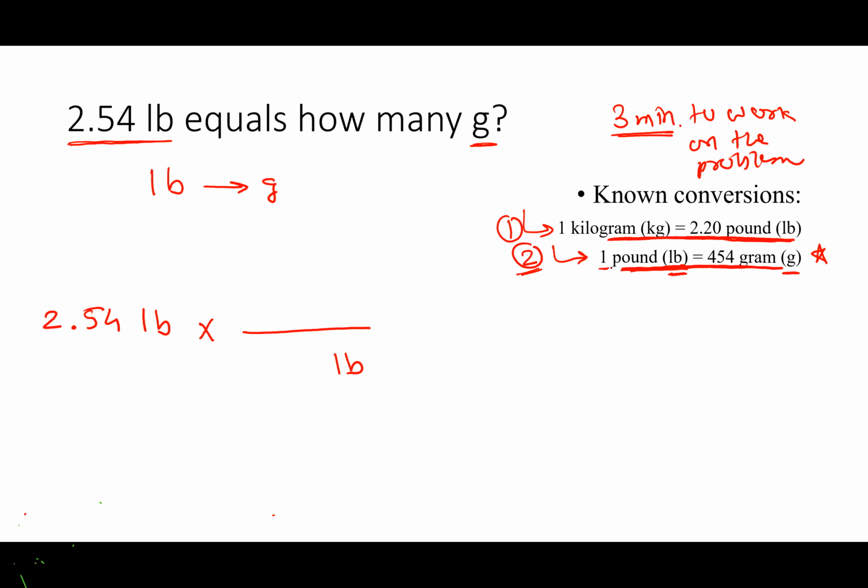In this case, the number in front of LB is 1, so I'm going to say 1. And the other side of this equality factor goes on the top. So instead of just representing it in this form, I'm just going to write it down in here. All right. So this way, I cancel out the LB.